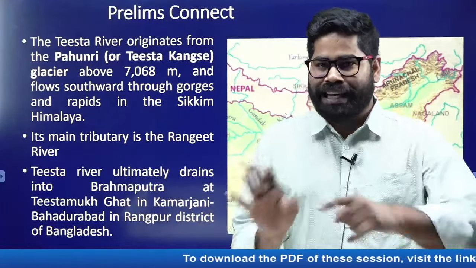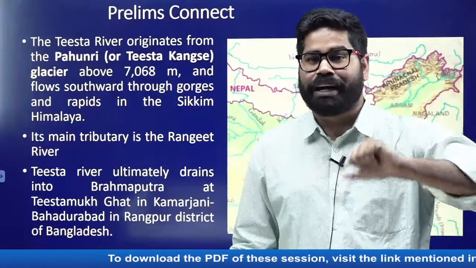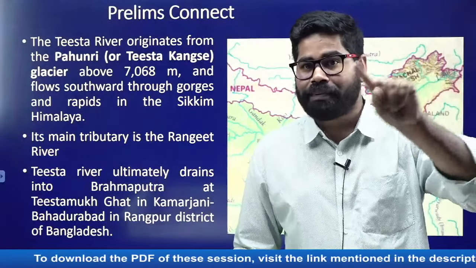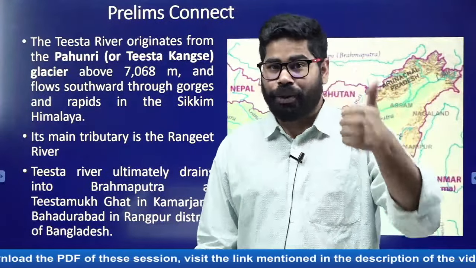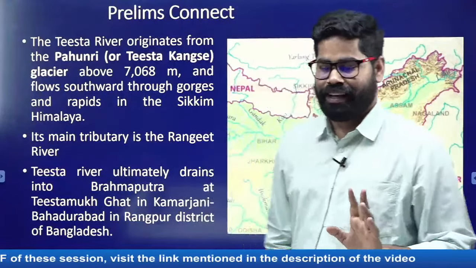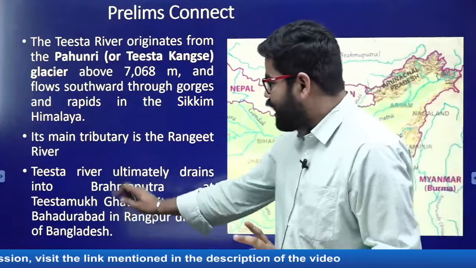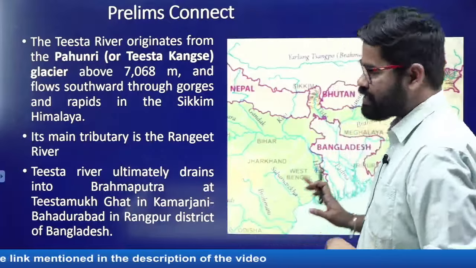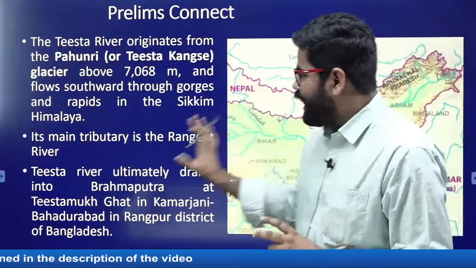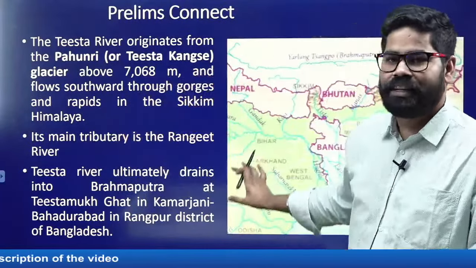So it is meeting the river Brahmaputra in Bangladesh, not in India. Keep that in mind, that it is joining in Bangladesh, not in India. So this is again one thing which we can see from this river side.